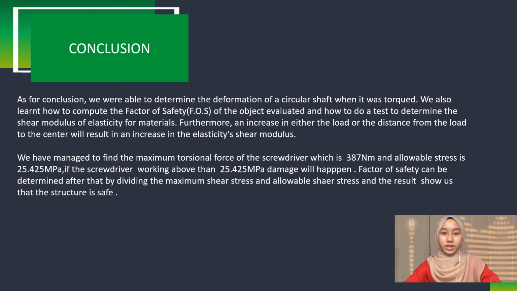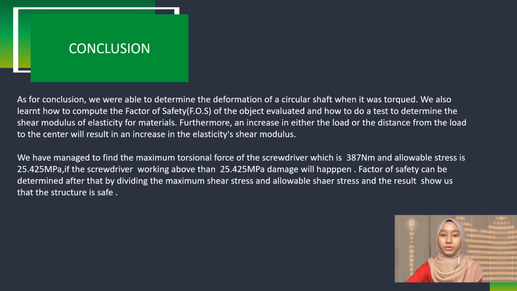As for the conclusion, we were able to determine the deformation of a circular shaft when it was torqued. We also learned how to compute the factor of safety of an object and how to do the test to determine the shear modulus of elasticity of a material. Furthermore, an increase in either the load or the distance from the load to the center will result in an increase in the shear stress.